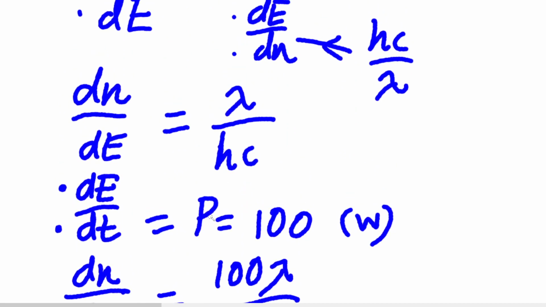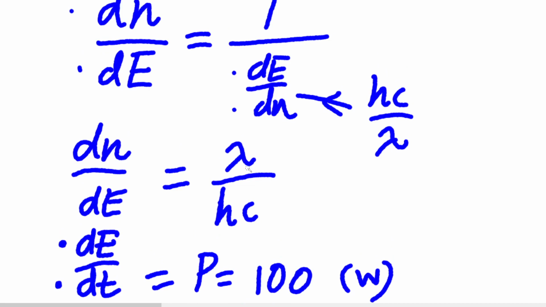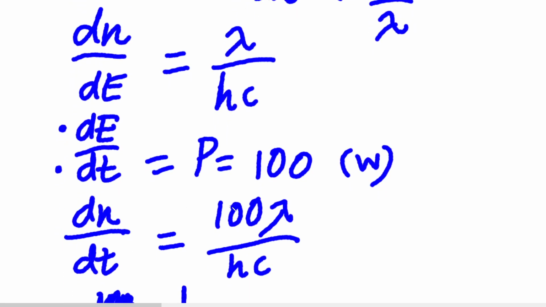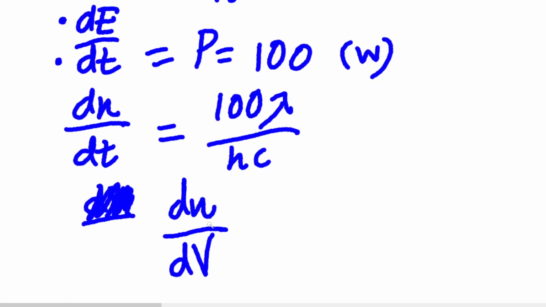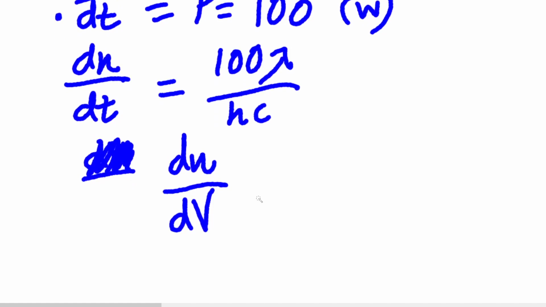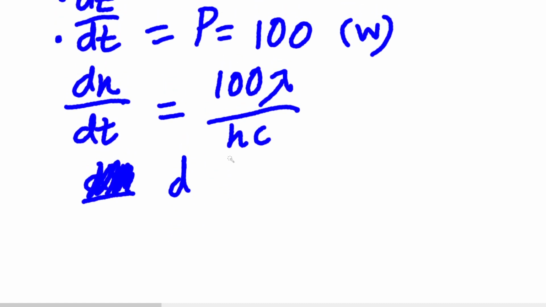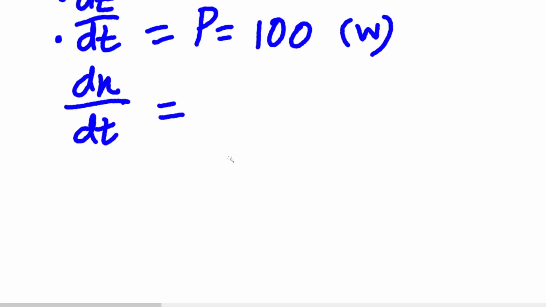We have already worked out these quantities. dE by dN is hc over lambda, so dN by dE is lambda over hc. Multiplying this and this together, we get dN by dt is 100 lambda over hc. Or in fact, we could just write this as the power times lambda over hc.